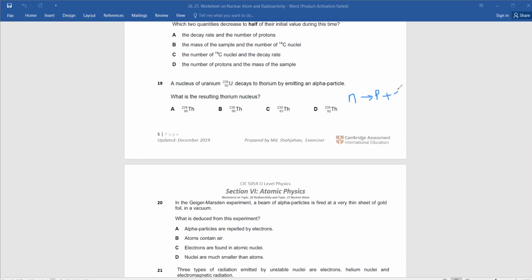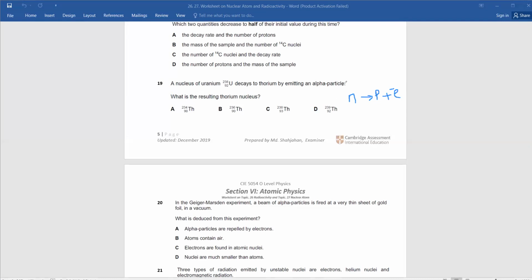So this electron is beta particle. Okay, and when this beta emission is happening, your mass number is the same, but the atomic number is increasing. Is it clear now? Yes sir. So it is beta emission.